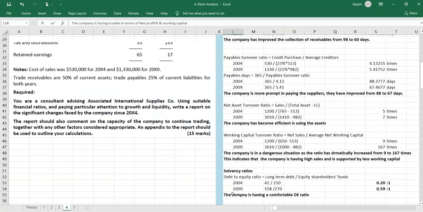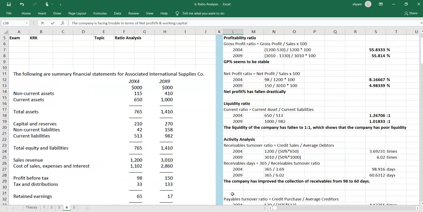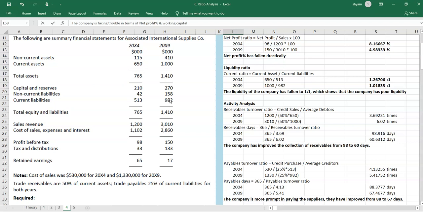Okay, so let's see within working capital which one is the culprit. If you see, current assets has increased substantially, right? Almost 50% it has increased, and the current liabilities has increased again by more than 50%, not even 60, it's almost like 80-90% it has increased.